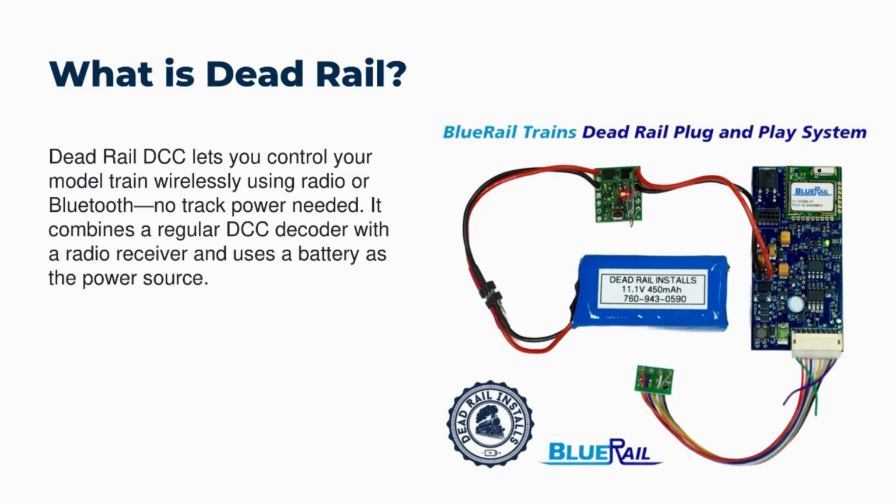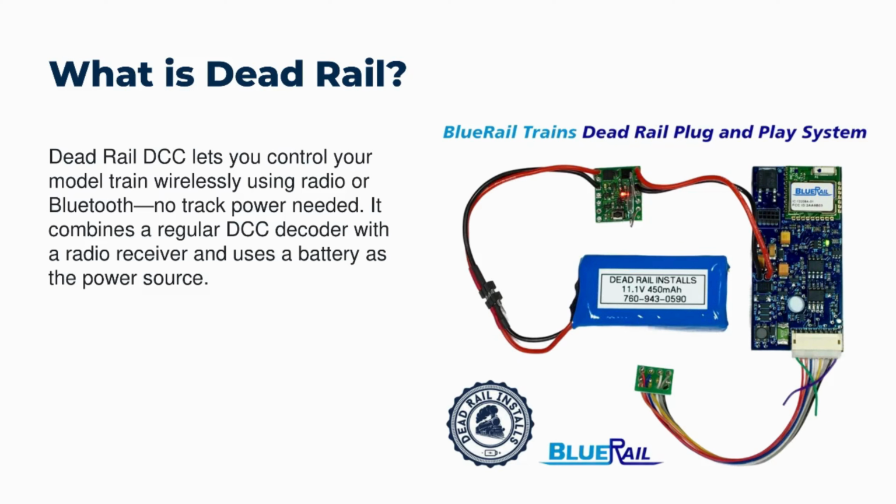That radio signal is going to the locomotive to a receiver. The receiver is receiving that analog command, converting it and adding it to digital to drive the digital decoder. It's using direct current from a battery or even the tracks in some cases.